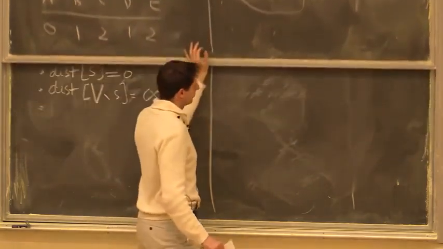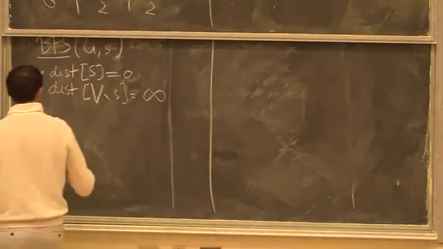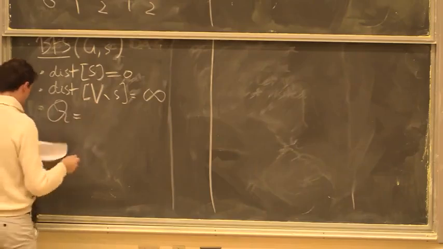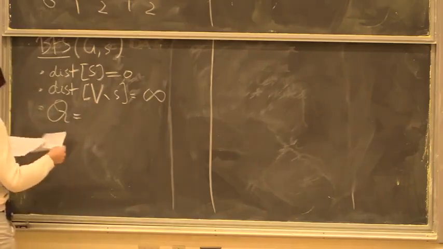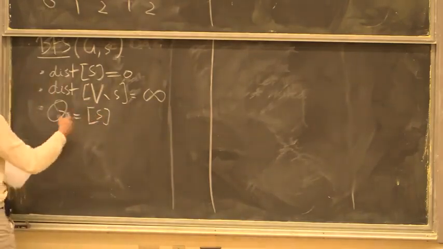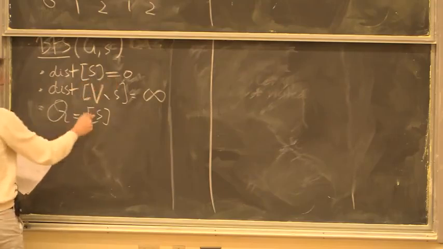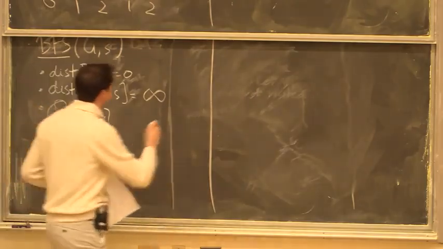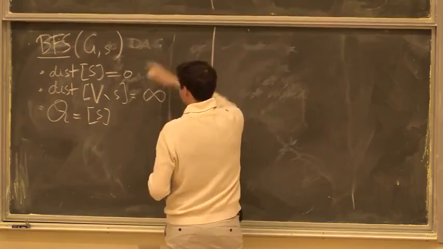So we're going to initialize a queue to be just S, because we know that it has distance 0, and that's our starting point. So that's the initialization.